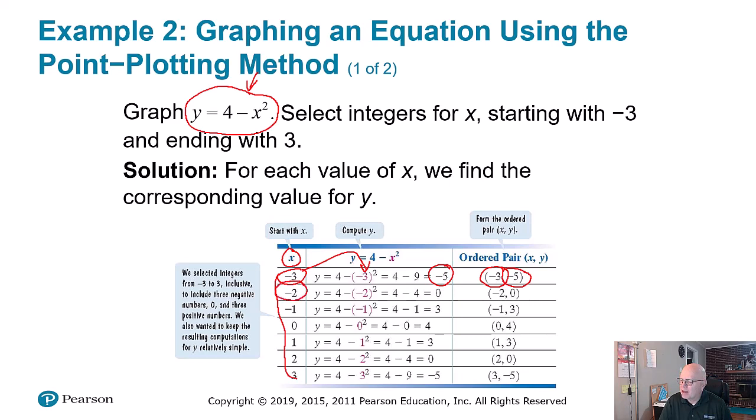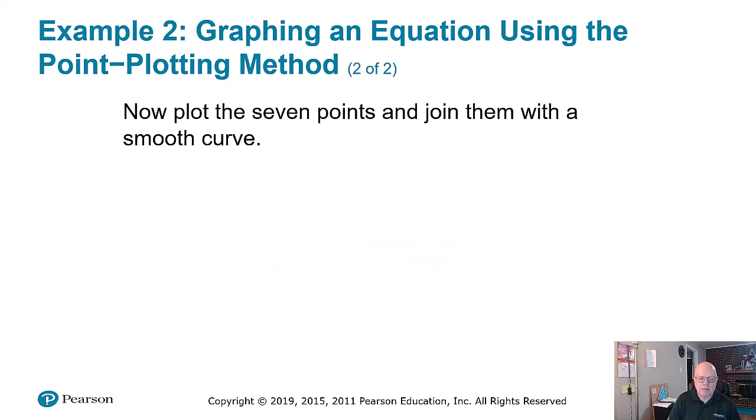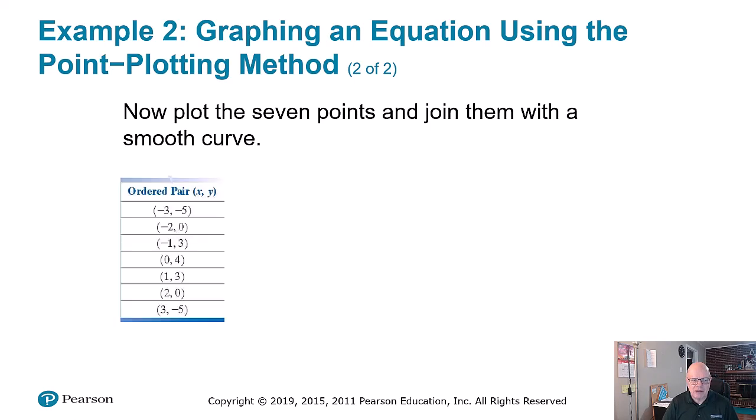-2 for x, put it in your equation, and for this one you get a 0 for y, and so on down the line. Plot those 7 points, and when appropriate, connect them with a smooth curve. If it's a straight line, of course, you'll use a ruler or some kind of straight edge to create your straight line.